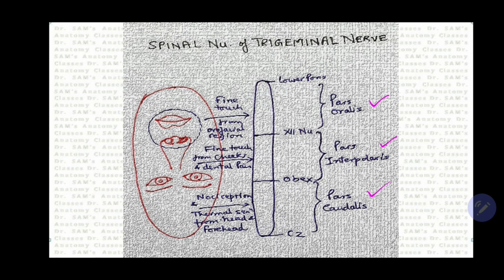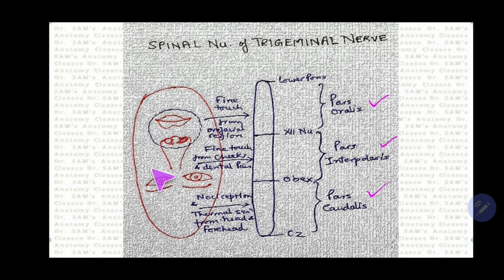If you see the fourth ventricle, the inferomedial and inferolateral boundaries of the fourth ventricle meet, and the fourth ventricle continues as the central canal of the spinal cord. That point is called obex. So from the 12th nerve nucleus till the obex, this much portion of the spinal nucleus is called pars interpolaris. From obex down till the spinal segment C2, that much portion is called pars caudalis. One thing is clear now.